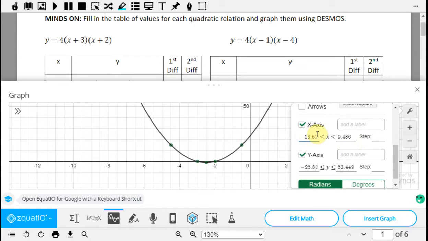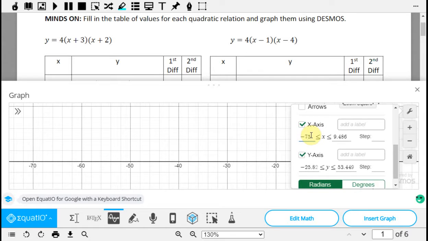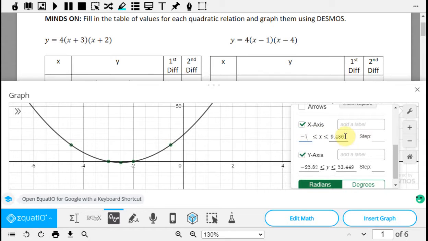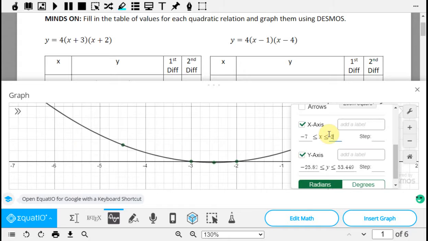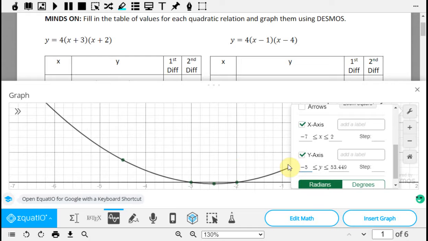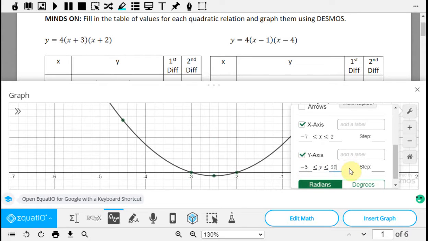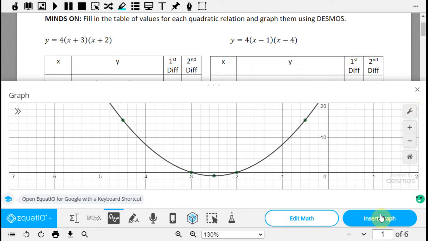So here I said we would go minus 7 to 2. And here we will go a little bit below the x-axis so we can see that. So let's go from minus 5 to 20, which is above the 15. And there's a good view of our graph now, and I'm going to insert that.